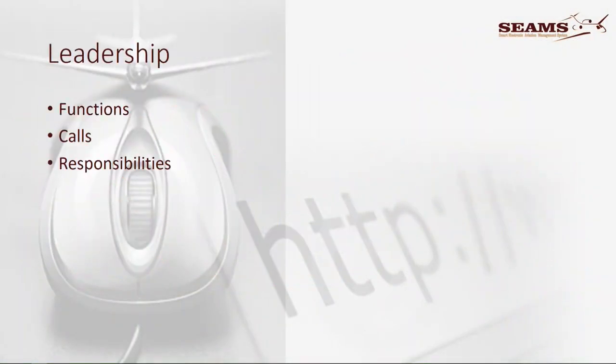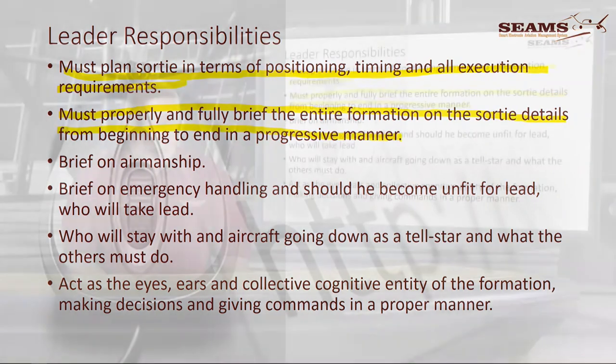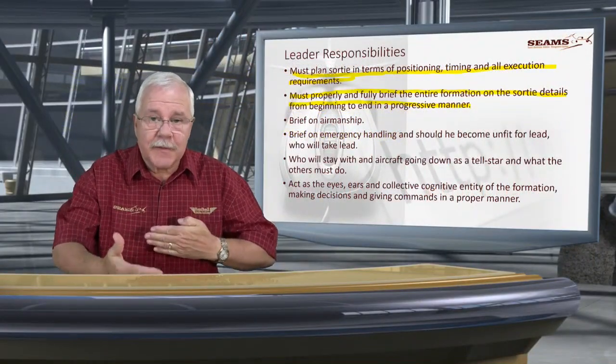All right. When we look at leadership, your functions, your calls, and your responsibilities, let's have a little bit of a look here. Leader responsibilities: he must plan the sortie in terms of position, timing, execution, and the requirements. He must properly and fully brief the entire formation from the beginning to the end in a progressive manner. What I mean by that is that you don't skip processes.